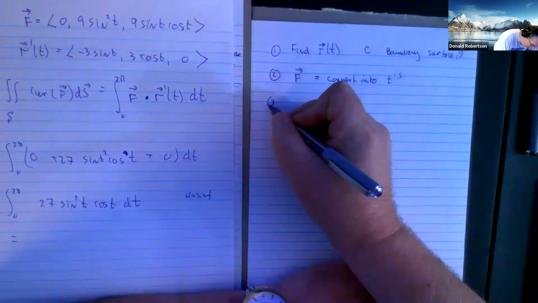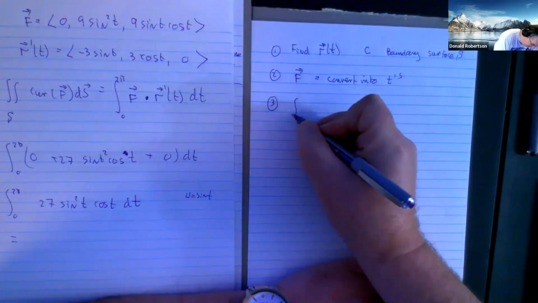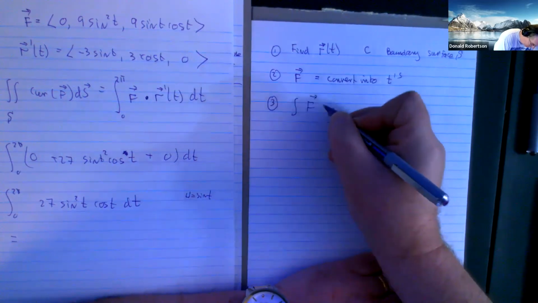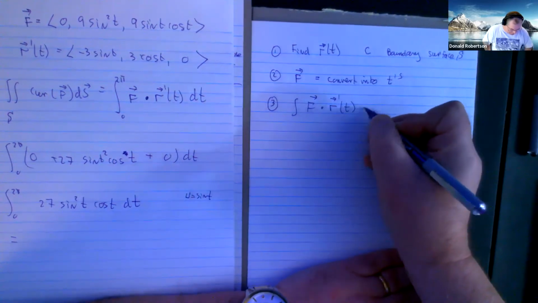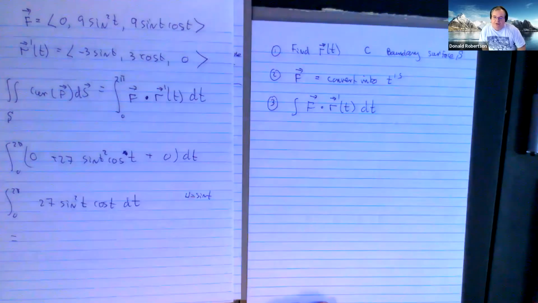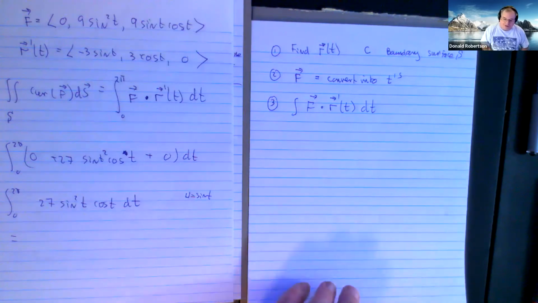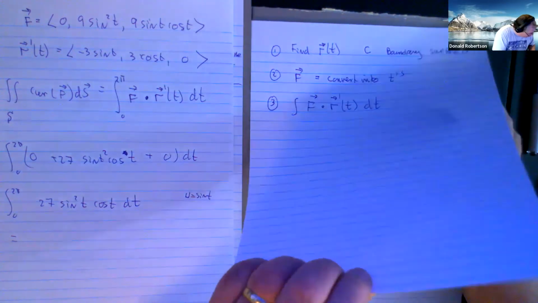Then I'm going to take the dot product of those two guys and we'll be finished. So that's the main basic strategy for doing this.